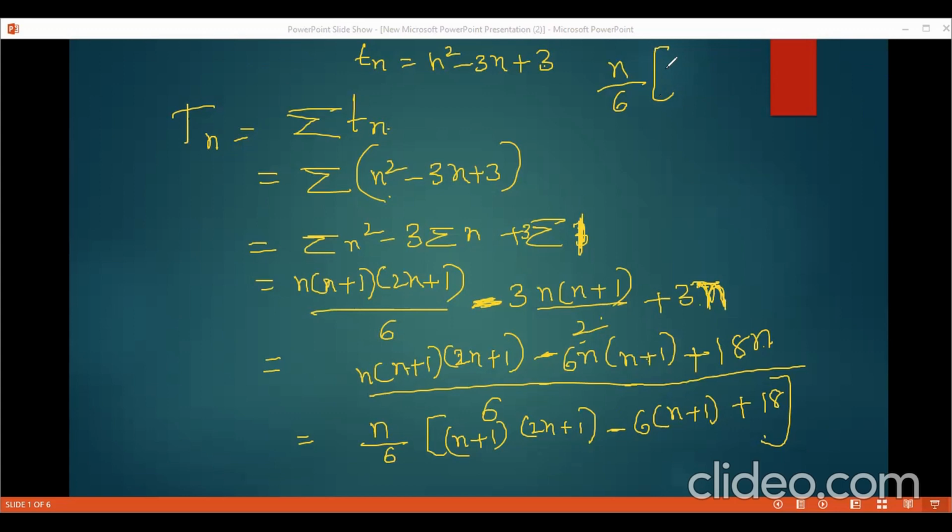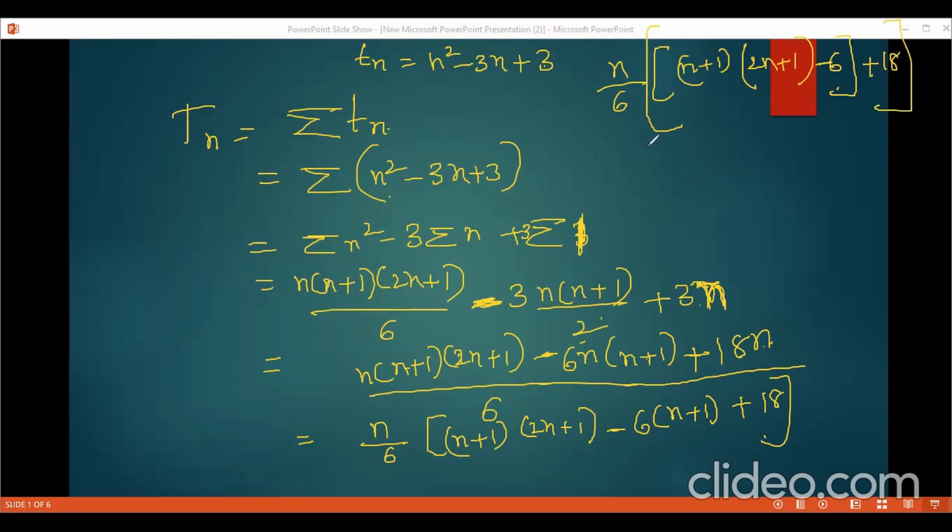Otherwise, we can take n plus 1 common in these two terms. N plus 1, if I take common inside the bracket, so 2n plus 1 is left here and minus 6 is left here. Now, for this total thing, plus 18, like this you get.